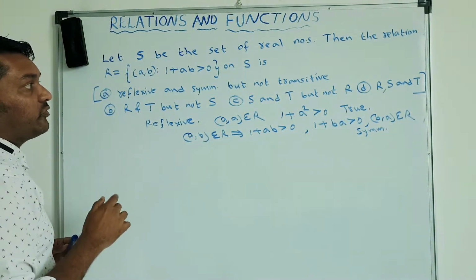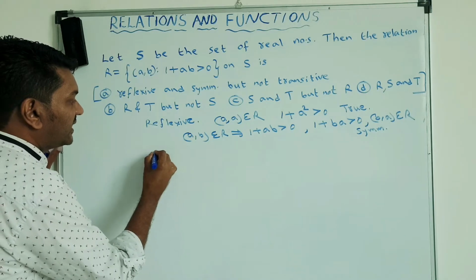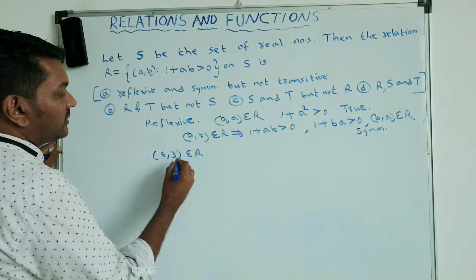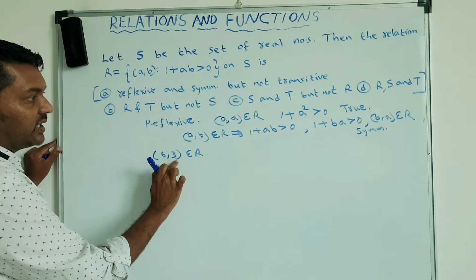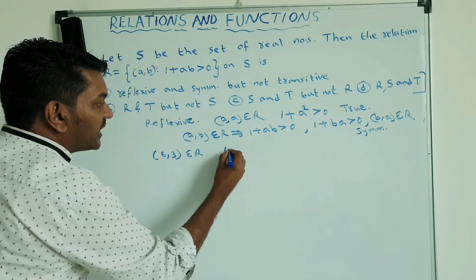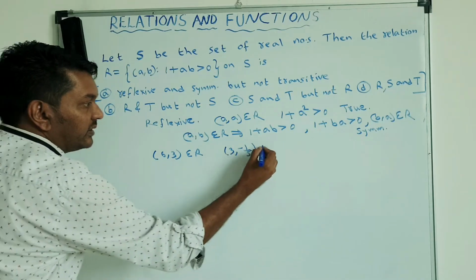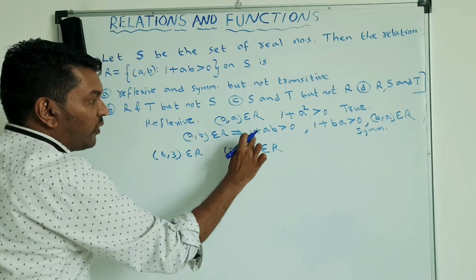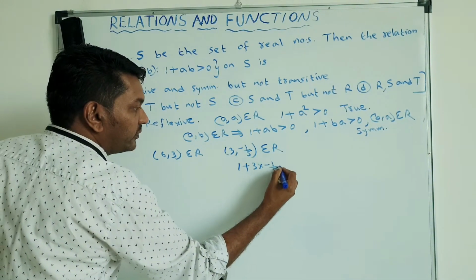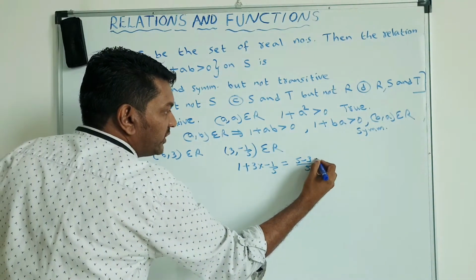Now I need to check whether it is transitive or not. I am taking an example. (6, 3) belongs to R, because 1 plus 6 into 3 is greater than 0. Then (3, minus 1 by 5), I am checking whether it is an element of R. 1 plus 3 into minus 1 by 5, which is (5 minus 3) by 5, which is greater than 0.